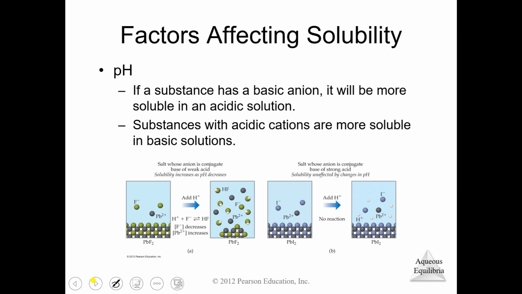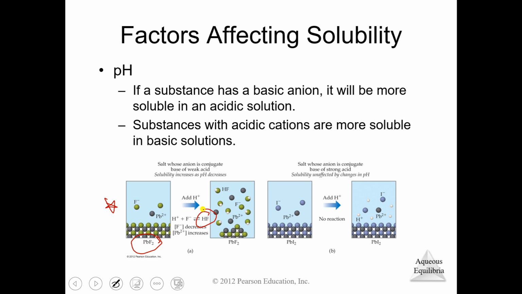Looking at these two examples, for the first one, it says the salt whose anion is a conjugate base of a weak acid. If we have a weak acid, then this perhaps came from HF. HF is a weak acid, therefore its conjugate is a strong base.